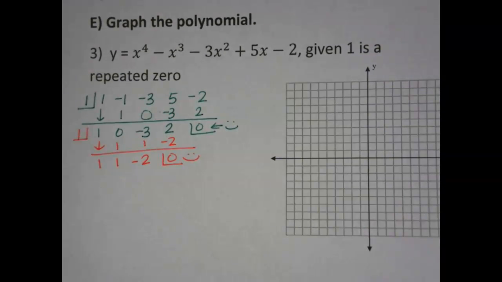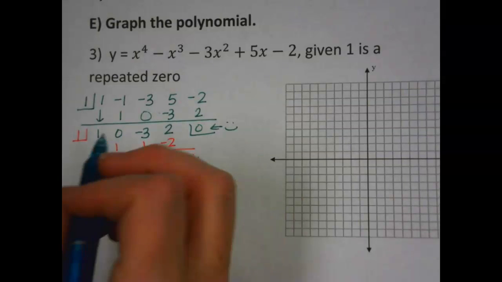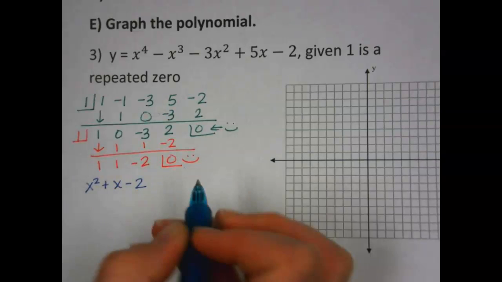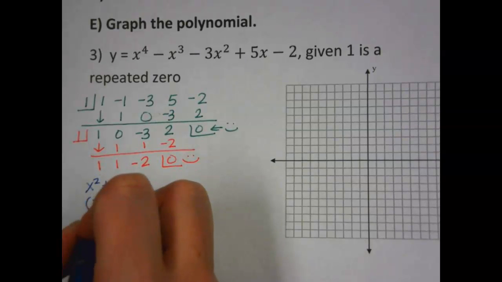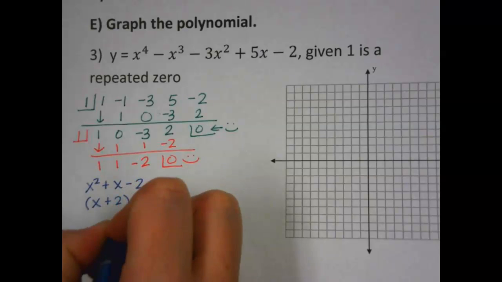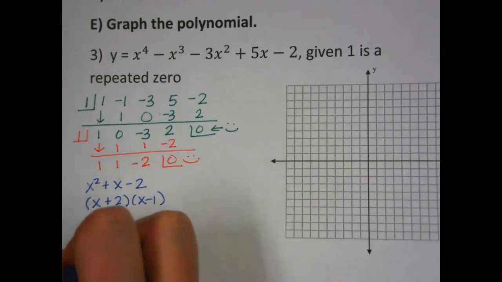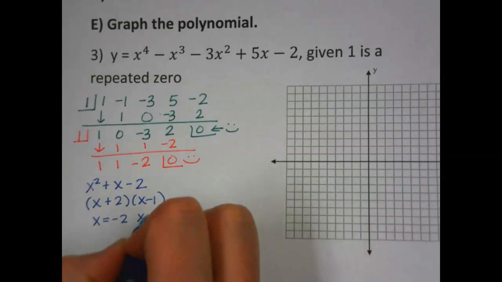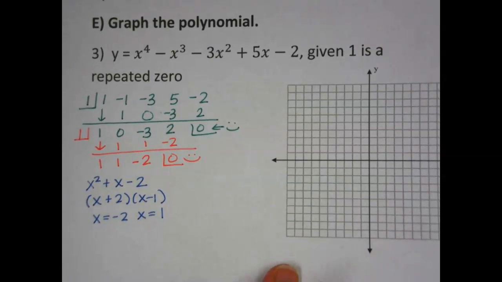And now, we started with a quartic, we went to a cubic, now we're at a quadratic. So we have x squared plus x minus 2. We're going to factor that. x plus 2 times x minus 1. So we find our other two zeros that we don't know yet are -2 and a +1.